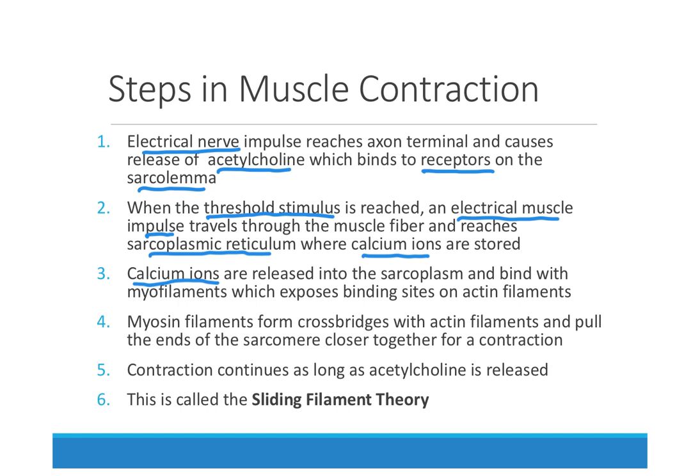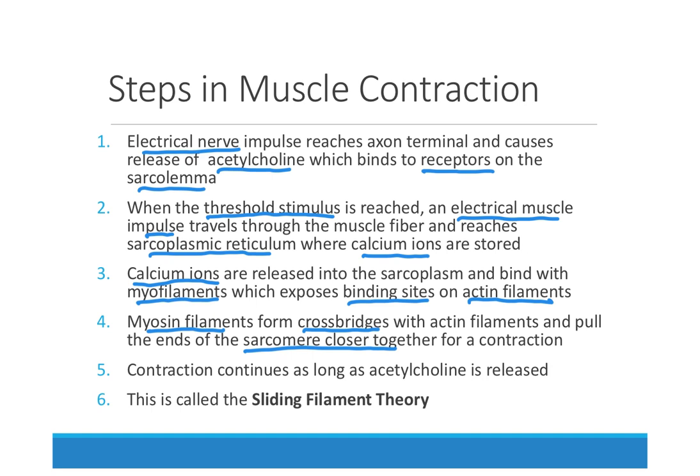They go on to bind with the myofilaments we mentioned, the actin and myosin, in a way that opens up binding sites on actin filaments. And when those binding sites are exposed, then myosin can reach up and form what is known as cross bridges with the actin filaments and pull the ends of the sarcomere closer together for a contraction.